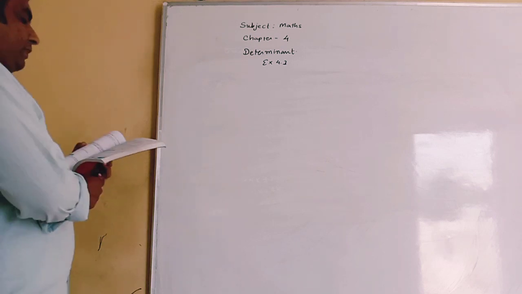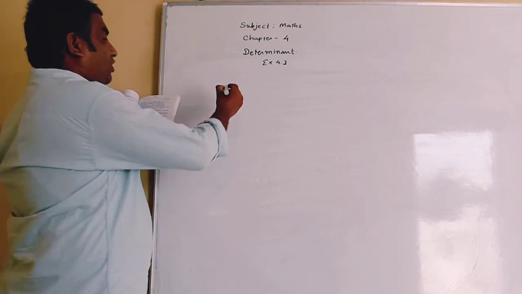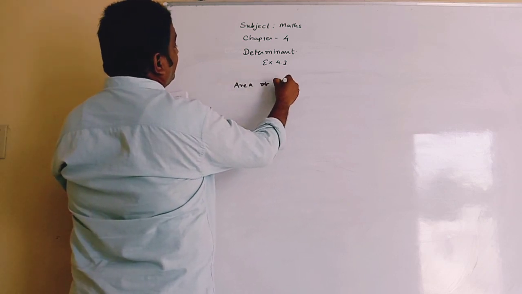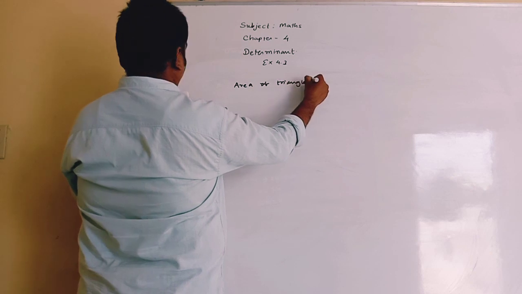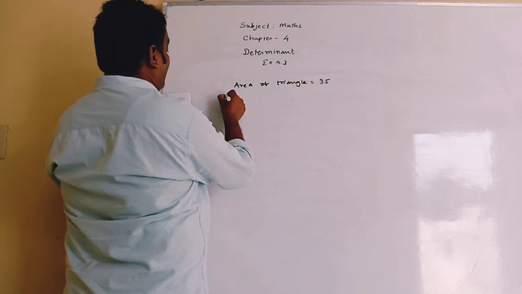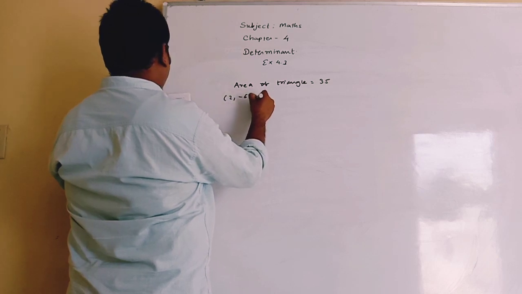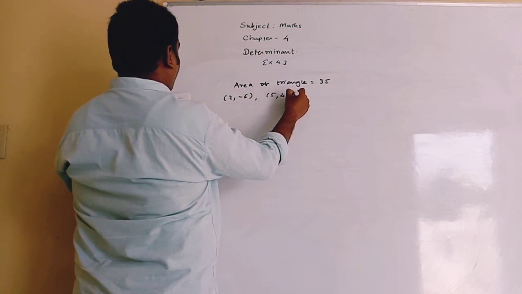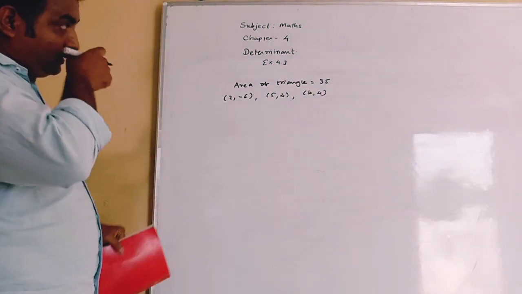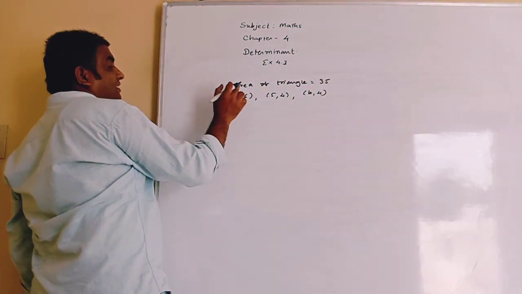Now we are given the fifth question in MCQ form, that the area of the triangle is 35 square units and the 3 points are given: (2, minus 6), (5, 4) and (k, 4). Then find k. So now here the area of the triangle is given as 35 units.